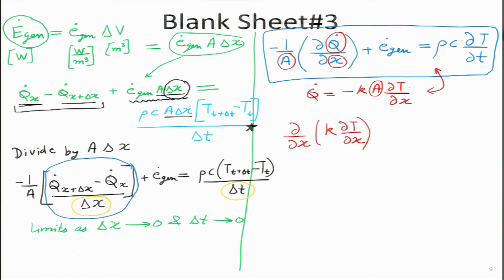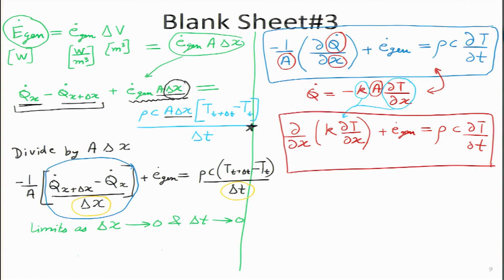So, what I am writing over here are these two things. Then the next term remains as it is, E dot gen, and the last term is rho C del T by del t.